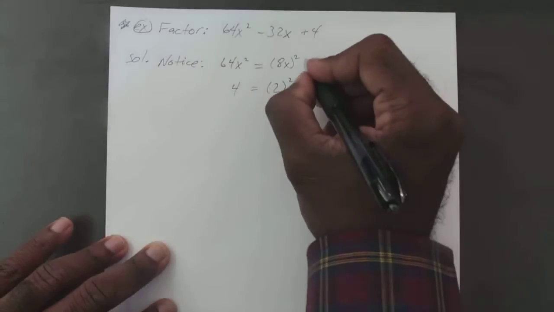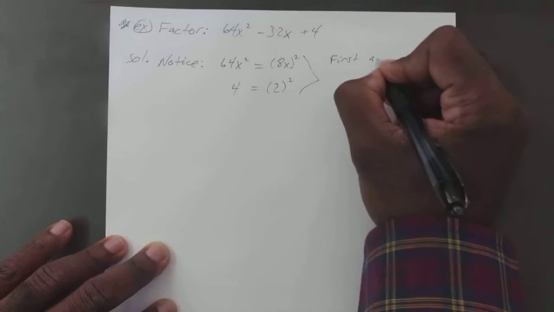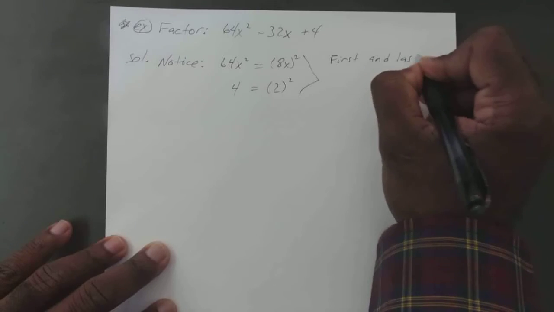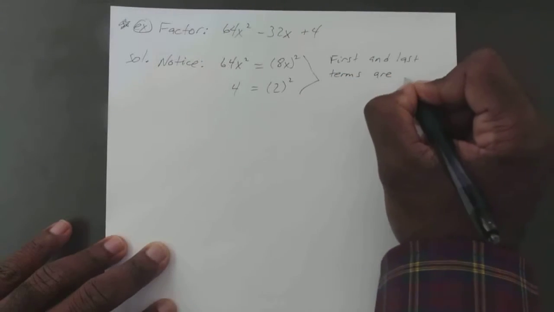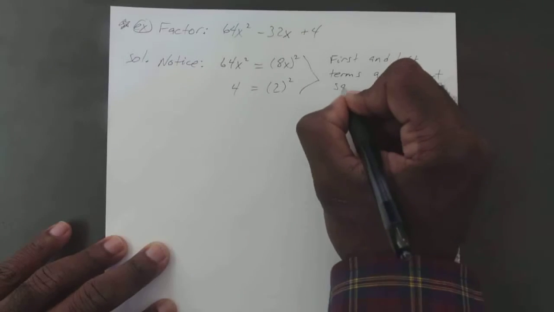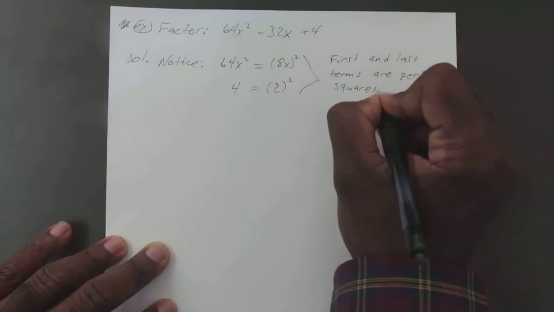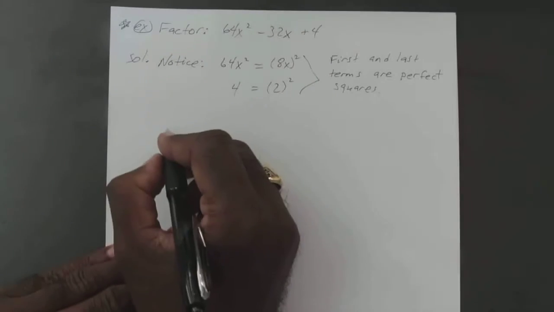Okay, so once again, we see that our first and last terms are perfect squares. Okay, so once we see those first and last terms are perfect squares, now we start to plug them in and see if it fits the formula.